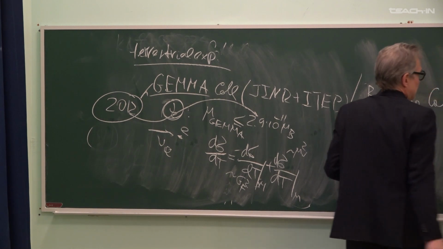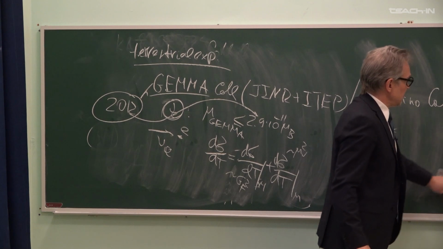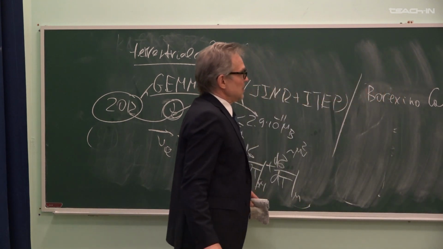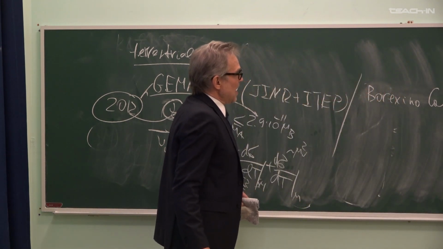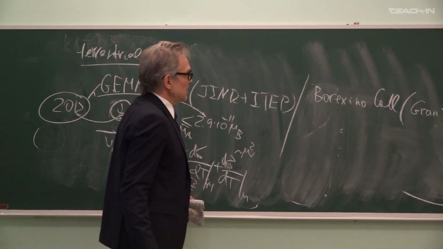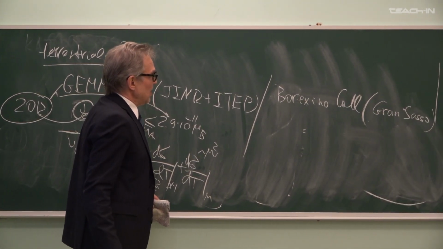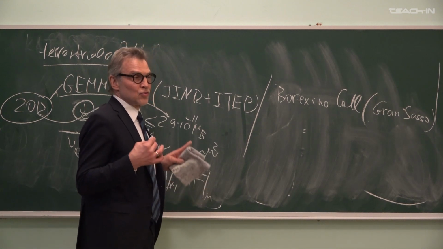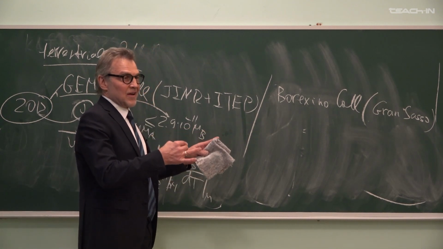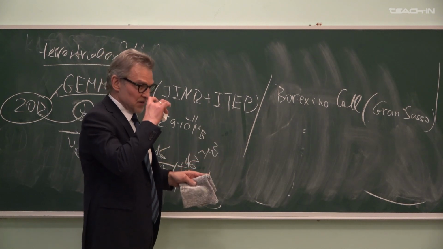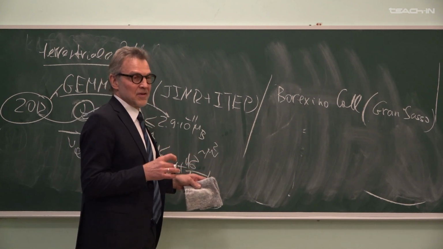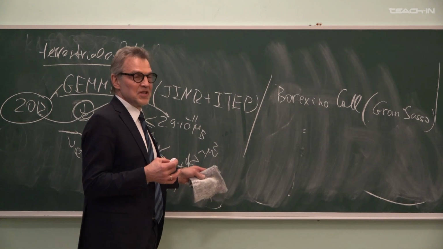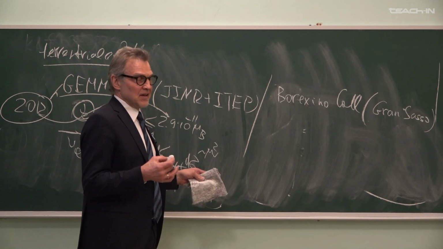Gran Sasso is a mountain about 3 kilometers high, and about 150 kilometers from Rome. Inside this mountain there are automobile tunnels that were constructed to make it easy for people from Rome to go to the sea. It was constructed in the 70s.